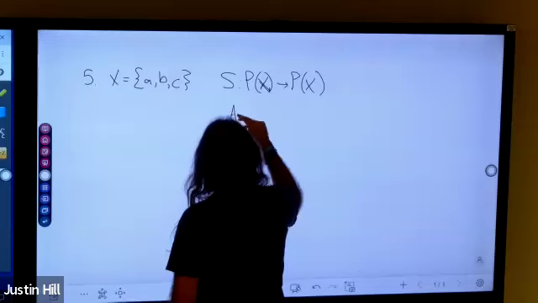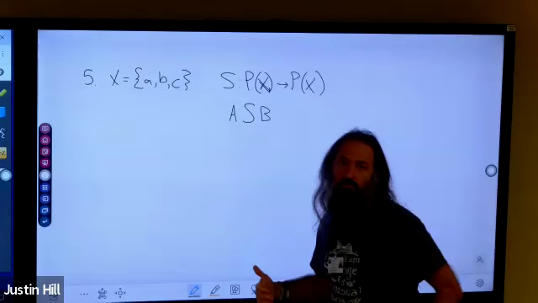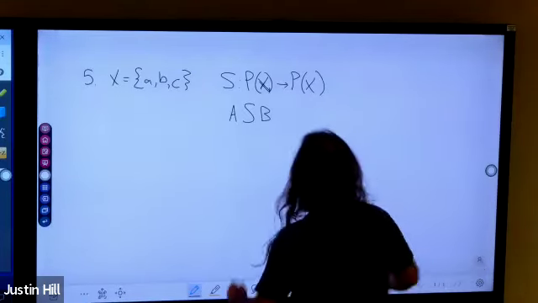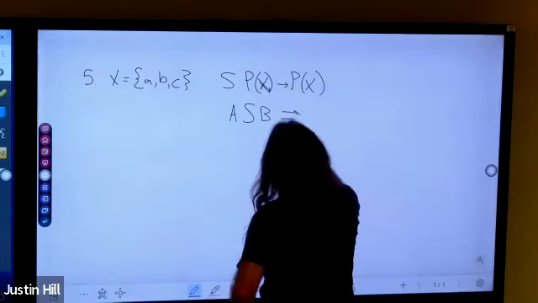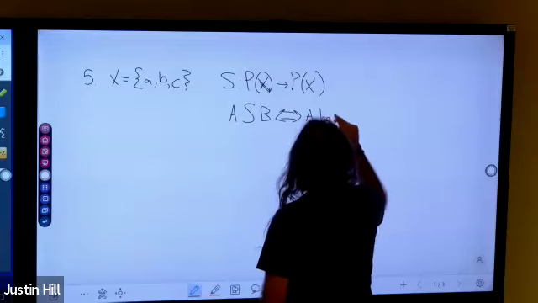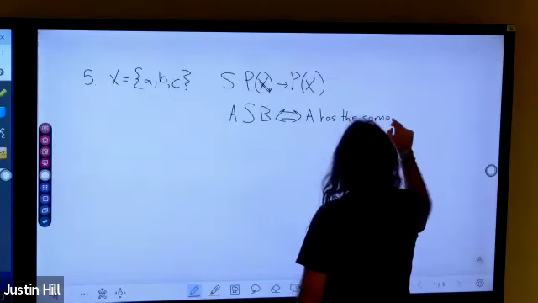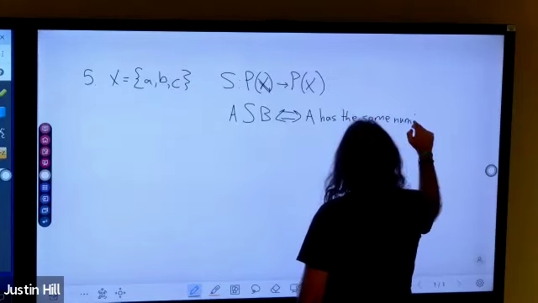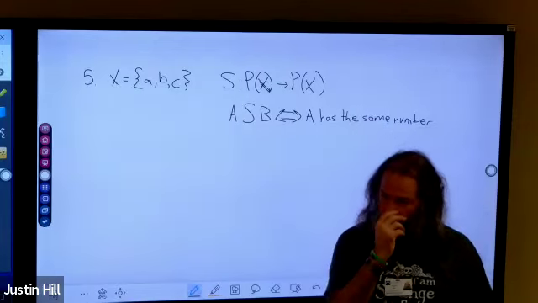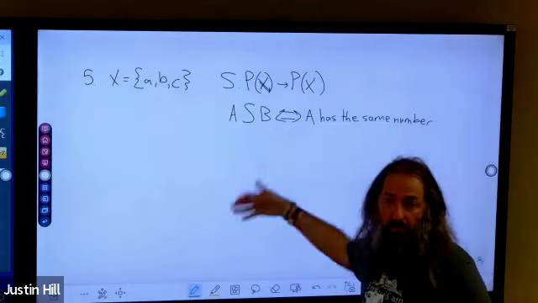And the way this relation works is A is related to B, or if I put in A, I can get out B, if and only if A has the same number of elements as B. At some point in chapter 6, I think, she mentioned that there's actually a word for the number of elements in a set.